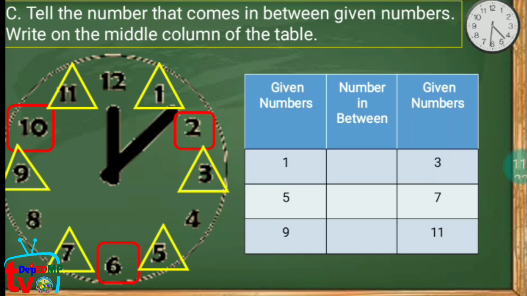So tell the number that comes in between given numbers. Write on the middle column of the table. Do your answer on your module. Your given time to do your work. Start now.